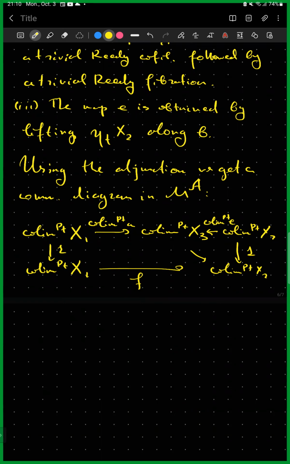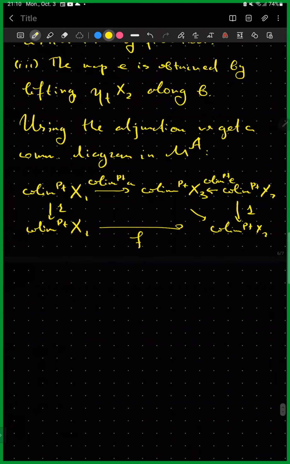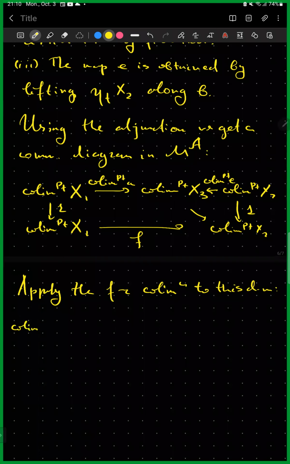Now we can apply the functor Q to this diagram, and we obtain a diagram in MB, which looks absolutely similar.